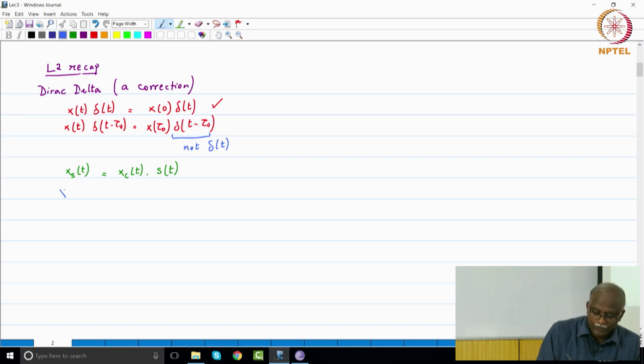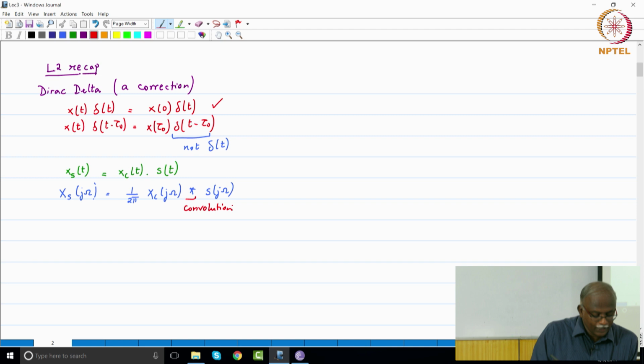In the frequency domain, xs of j omega, notice that I have not yet moved over to discrete time, so it is still the continuous time Fourier transform. Multiplication in time produces convolution in frequency. So 1 over 2 pi xc of j omega convolved, this asterisk is the convolution symbol, with s of j omega.